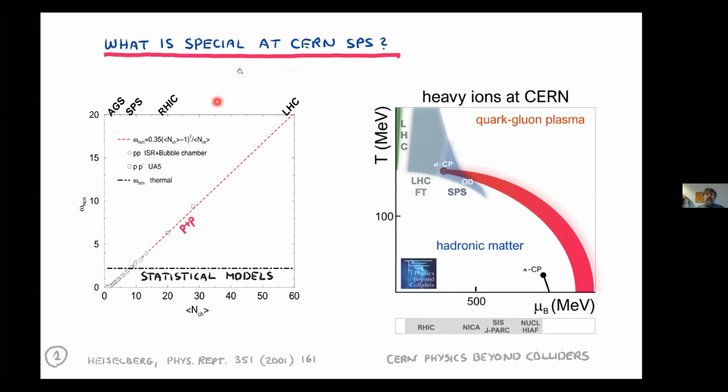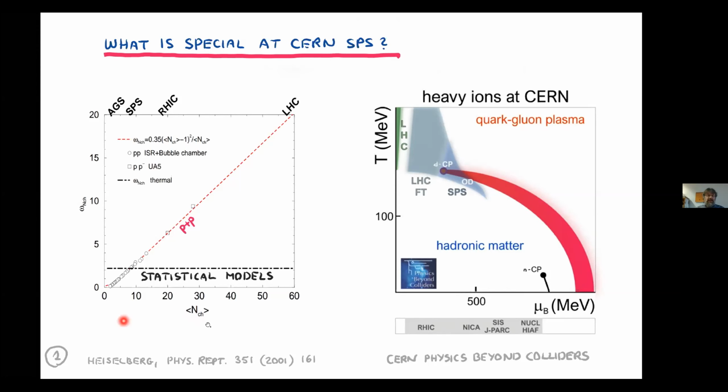Now, what is special at CERN SPS? I selected 2 plots. The left shows the scaled variance of charged particle multiplicity as a function of mean multiplicity. We can increase multiplicity by different means, first of all collision energy.